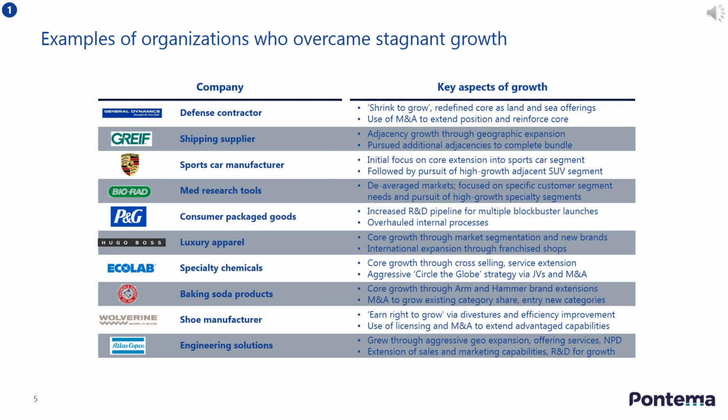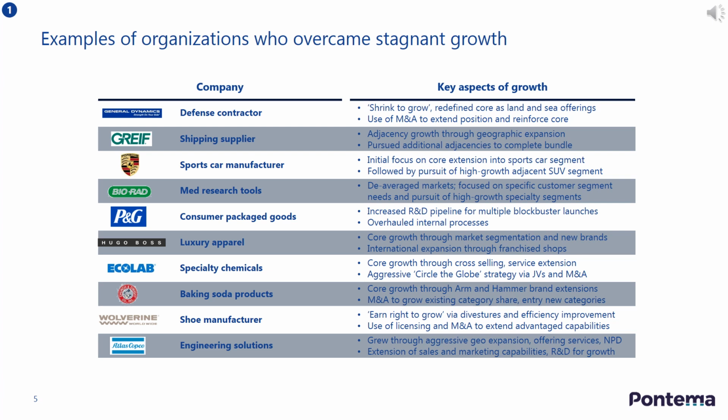Here are some examples of organizations who overcame stagnant growth. You'll learn more about Porsche later, but the German-based retailer Hugo Boss overcame stagnant growth in the early 2010s with the introduction of new brands like Boss Orange and Boss Green, and expanded internationally through a franchised store program with particular success at airports.